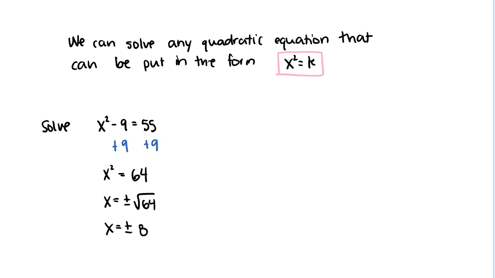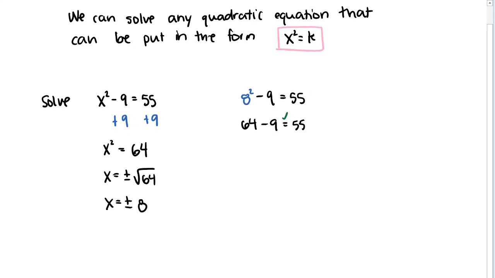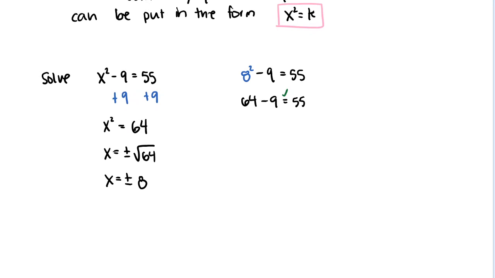This kind of makes sense, right? If I plug in 8 into this equation, if I take 8 and I square it, then we get 64 minus 9, and that does equal 55, like we expect. And we can check this for negative 8 too, the same thing occurs. We get 64 minus 9 at the end of the day.